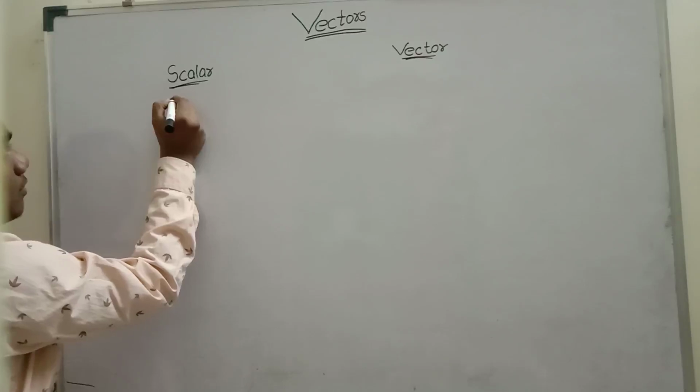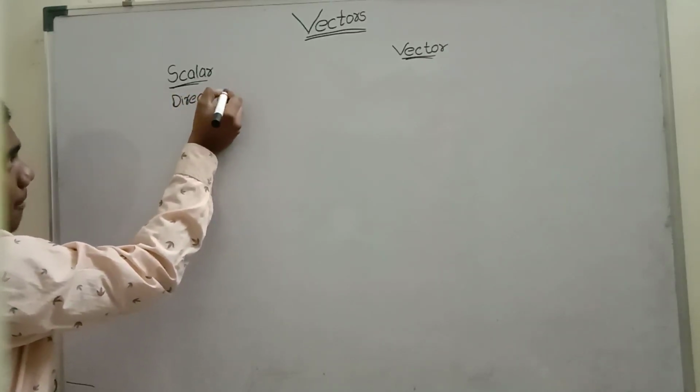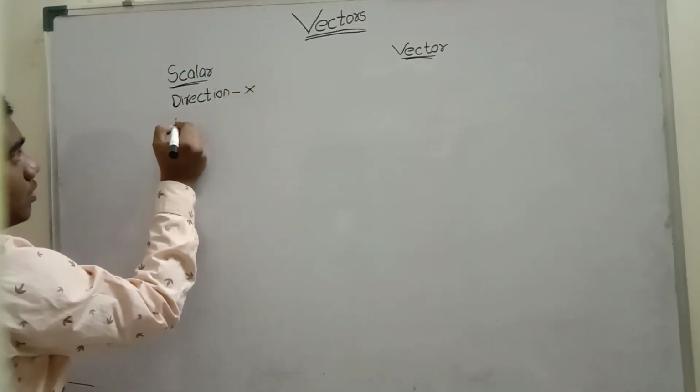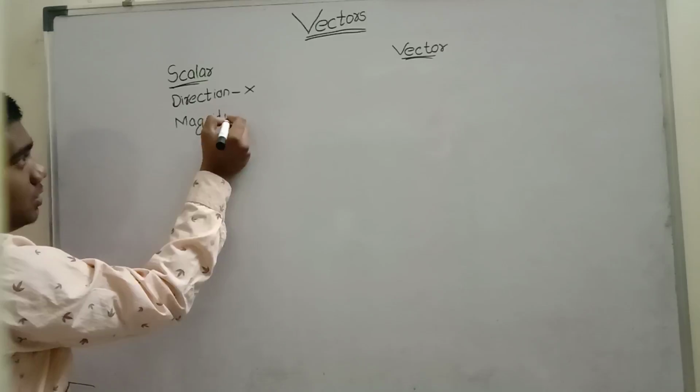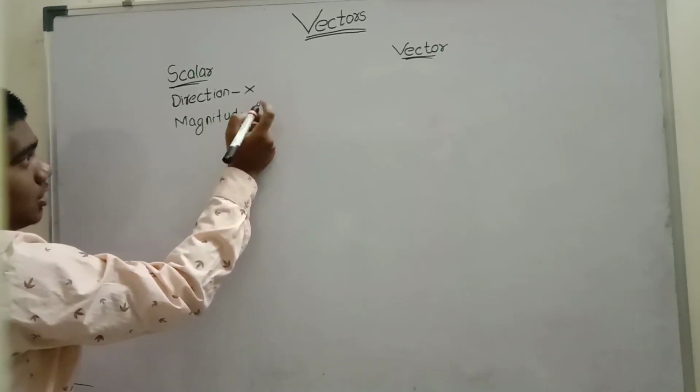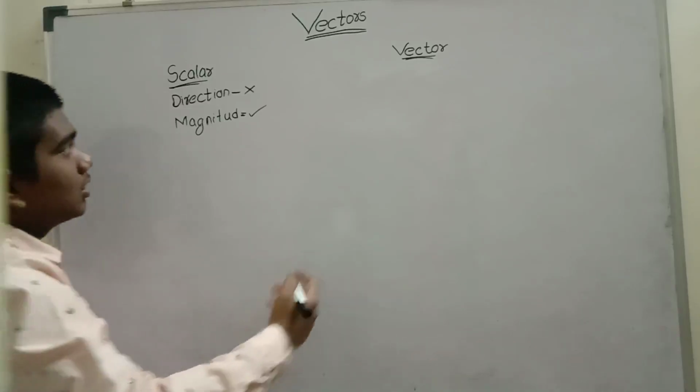Scalar means which has no direction, but magnitude is there. Magnitude means a certain value, like kg, or length, in centimeters.